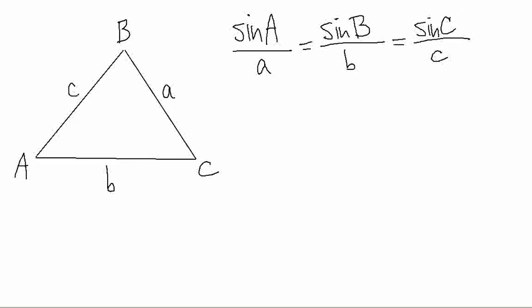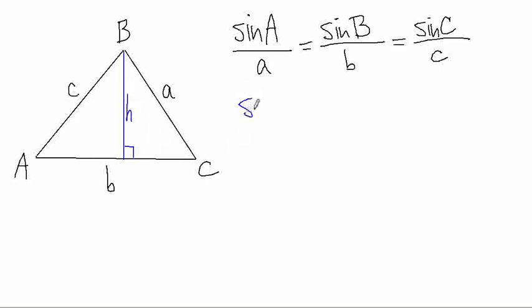Now, to see why that's true, let me draw an altitude with one endpoint at vertex B. An altitude will make a right angle with the opposite side of the triangle. And let me call the length of that altitude h.